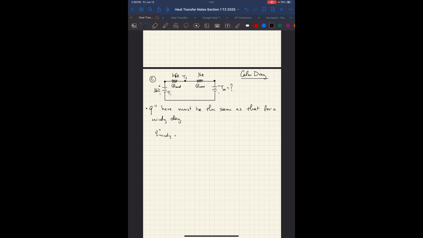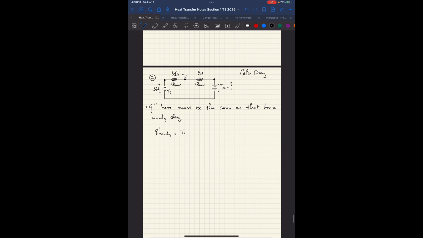So let's write it in that format. Ti minus T infinity over L. Let me write it first without the double prime, and then I'll put the double prime. Because you can take this out, you get Ti minus T infinity. This is now the third time we're doing this, so it should be pretty clear where this is coming from.